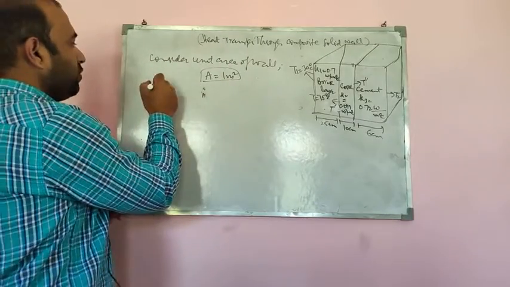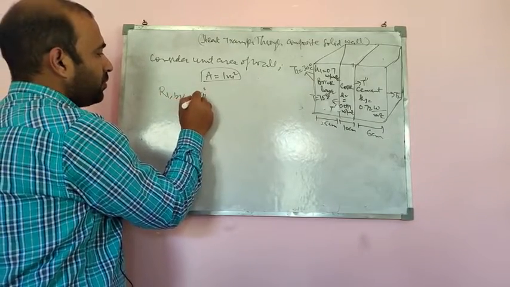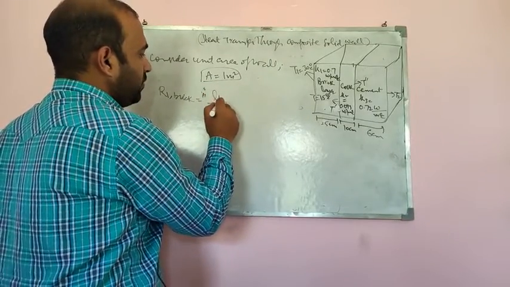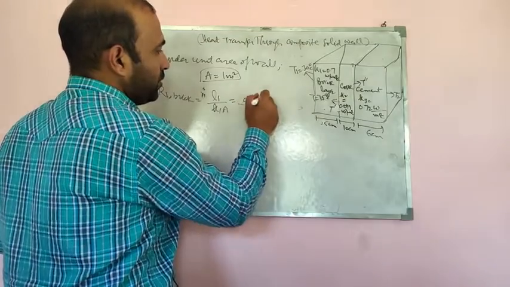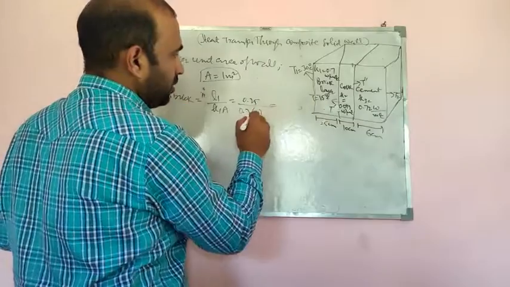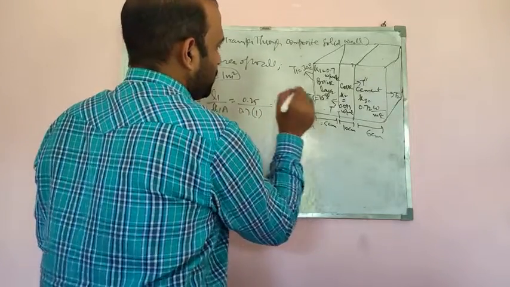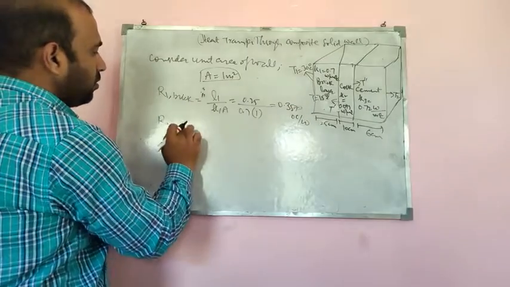First, we calculate the thermal resistance of the brick layer, R1 brick. It will be L1 by K1A. So L1 is 0.25 meter divided by K1, which is 0.7, times A, the area. It comes out to be 0.357 degrees Celsius per watt. Similarly, R2 is the thermal resistance of the cork layer.